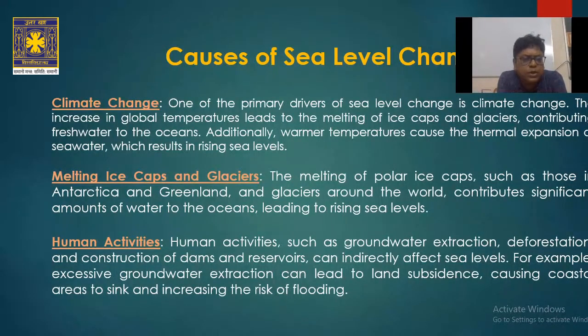In view of this, human influence and human activities such as groundwater extraction, deforestation, and construction of dams and reservoirs have indirectly impacted the cases of glaciation. Over time, due to global warming and deforestation, the chances of melting have become very, very high.